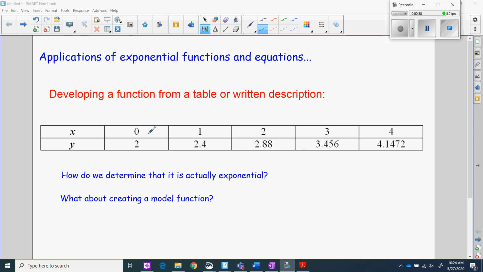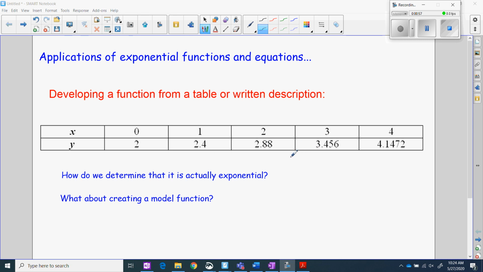So in this one, your x values, really all I'm looking for here is that there's a pattern. As long as there's a pattern, I can see that I'm going up by ones each time. So what has to happen if it's exponential is there must also be a pattern down here. Now it can't just be any pattern.